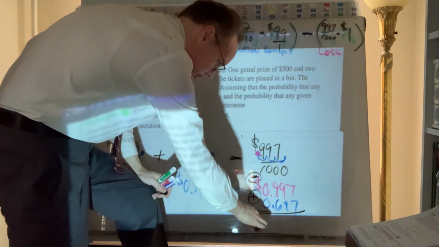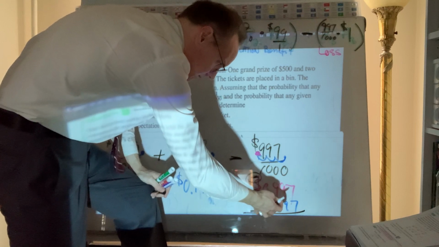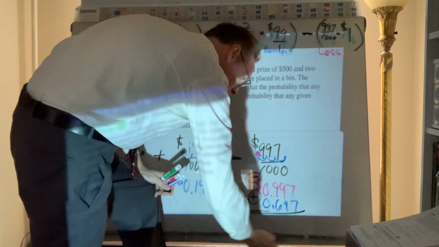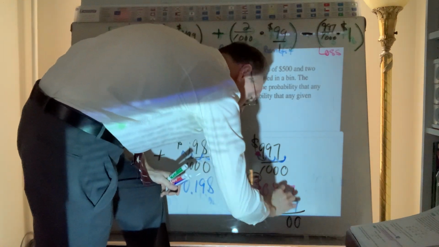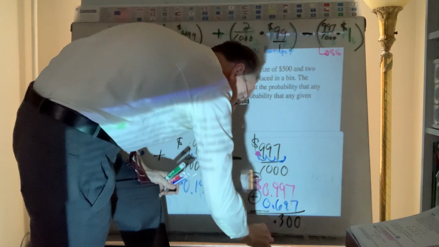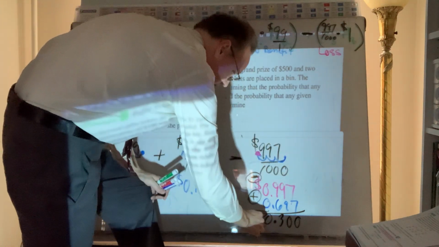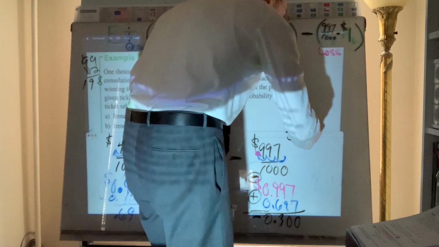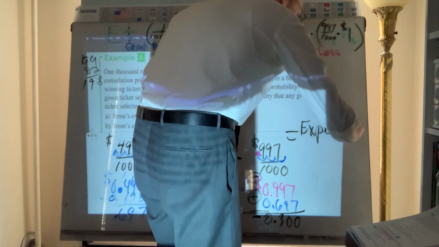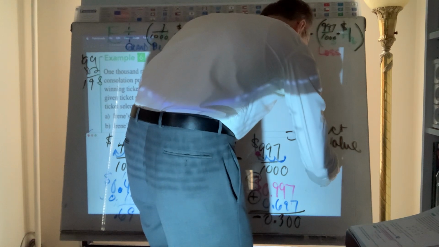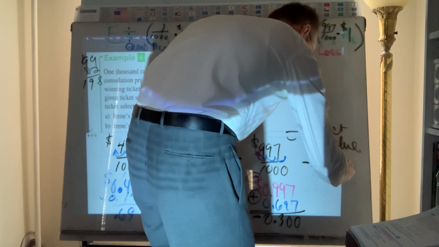I'm nonetheless going to try to figure out the magnitude brute force here, so I'm going to subtract it like so. 0, 0, and then this would be 0.3, right? Now, what is the larger magnitude? The negative, so the outcome is negative. This means that the expected value is negative 30 cents.